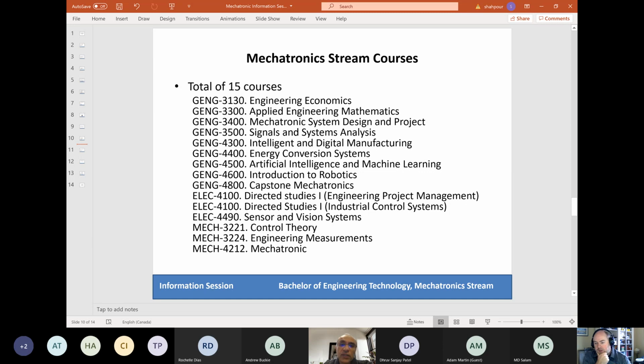So we focus on the overall autonomous systems, any type of autonomous systems. And even if we focus on the robot itself, we focus on how to design that robot, how to have that movement, or how to control the arms. But in terms of your courses, you just focus on how to apply these robots.